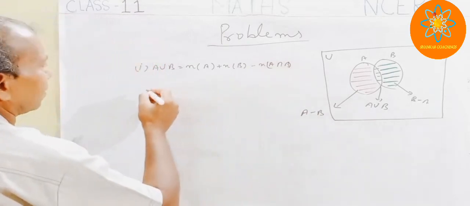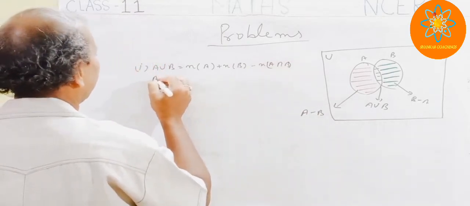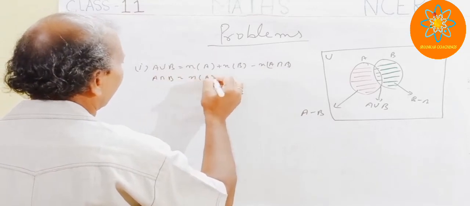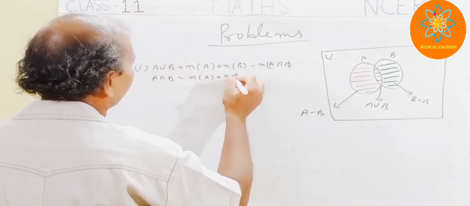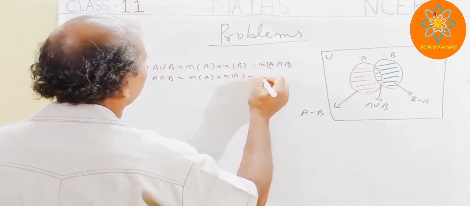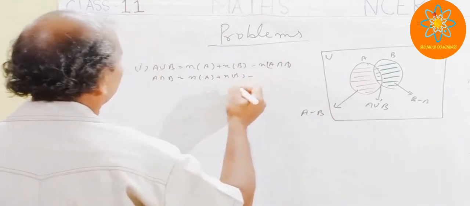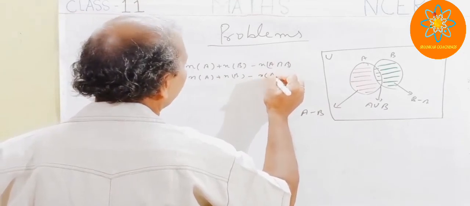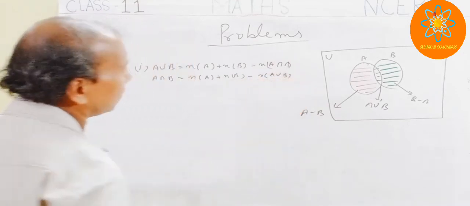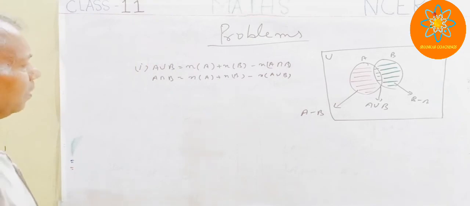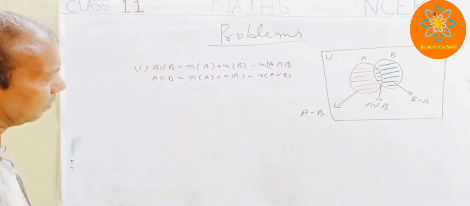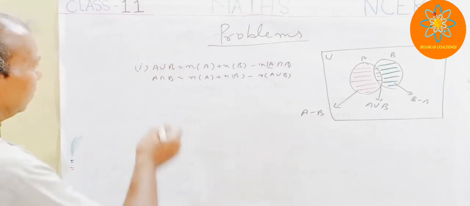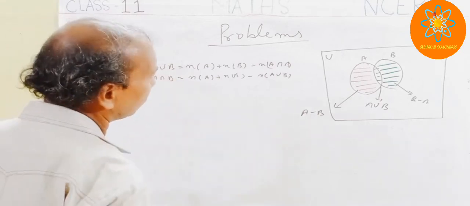Or I can say in this way also, n(A intersection B) is equal to n(A) plus n(B) minus n(A union B). Although seeing the Venn diagram, we can get the formulas. This is one important formula.